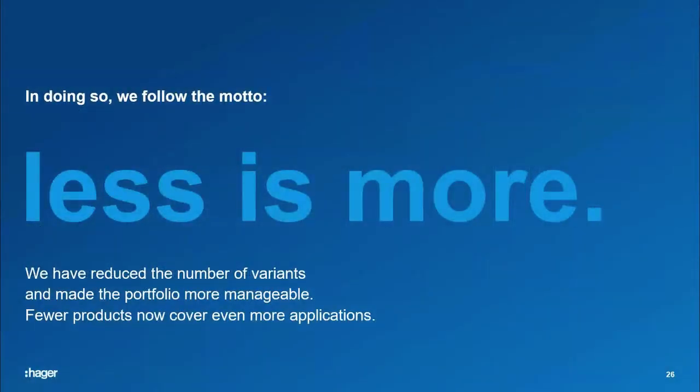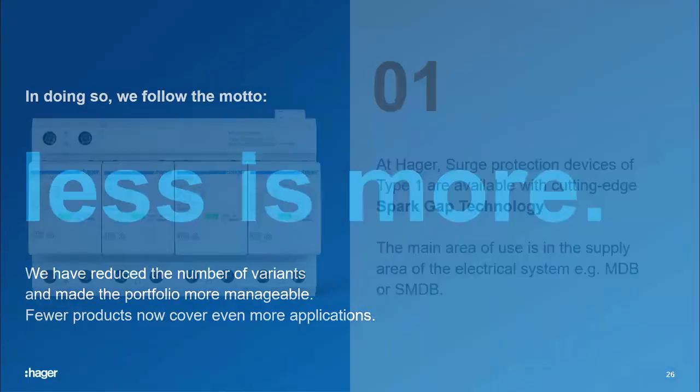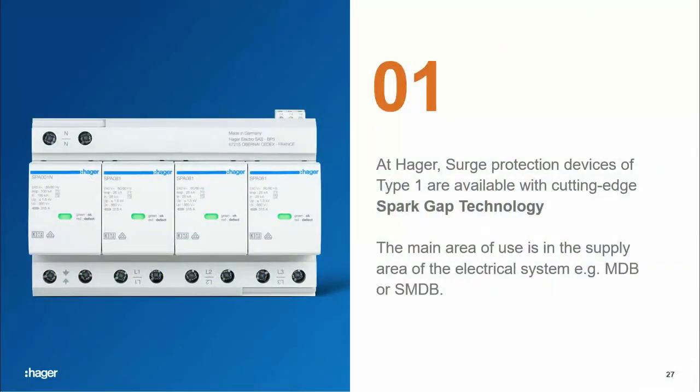In doing so, we follow the motto at Hager, less is more. Therefore, we have reduced the number of variants and made the portfolio sleek. So fewer products now cover even more applications. At Hager, surge protection devices of type 1 are available with the spark gap technology.